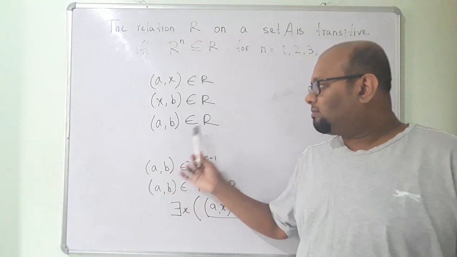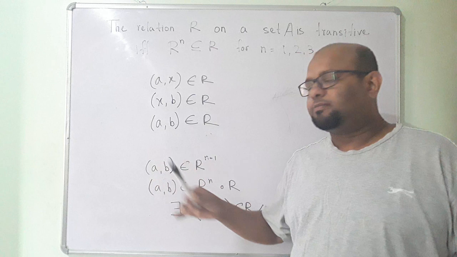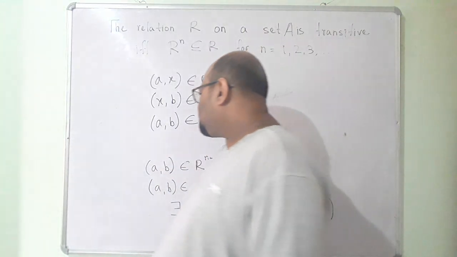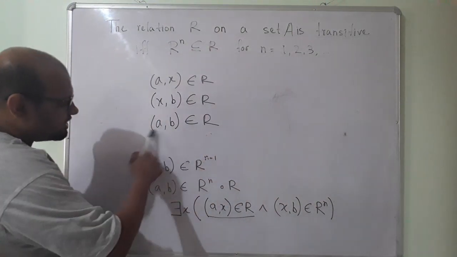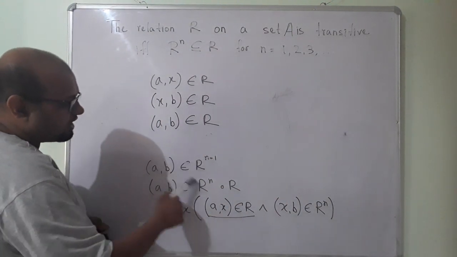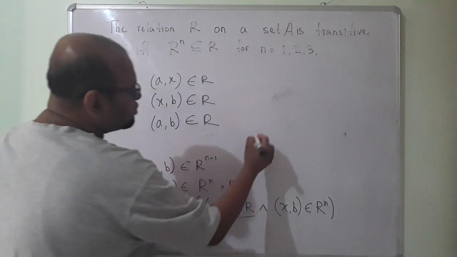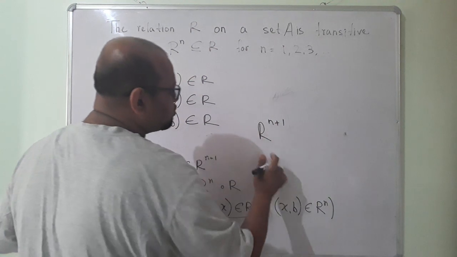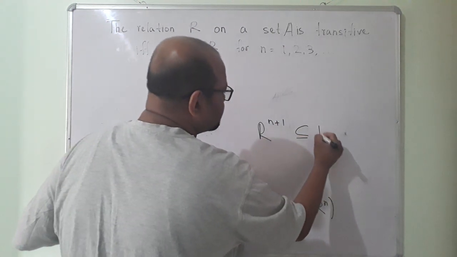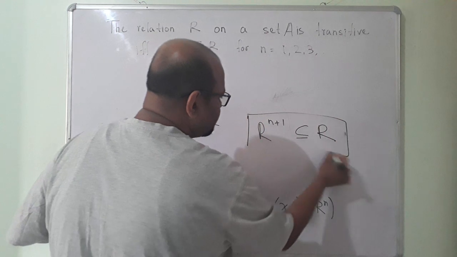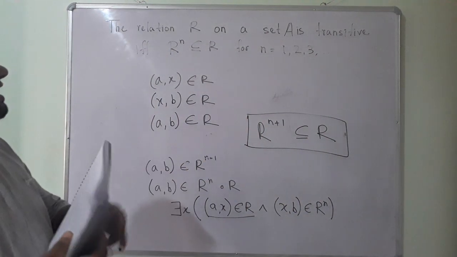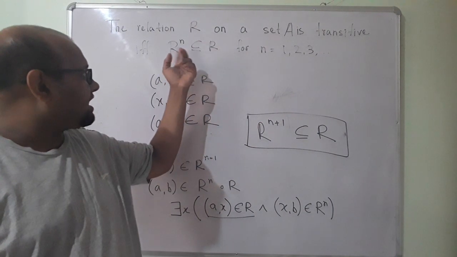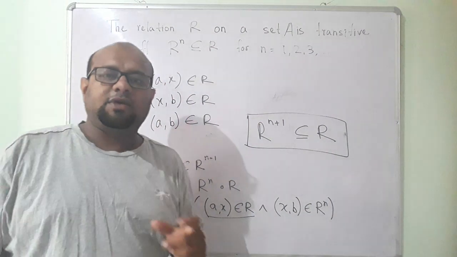We have shown by induction that AB would belong to R. In other words, we have shown that everything in R^(n+1) belongs to R. In other words, R^(n+1) is a subset of R. So that is how we have shown that if R is transitive, then R^n, meaning R to the power n, is a subset of R by induction.